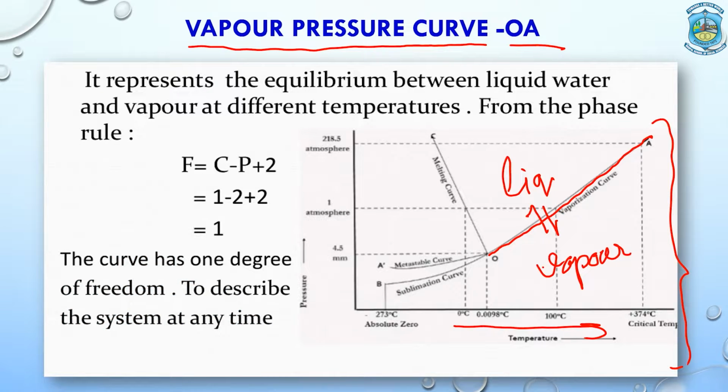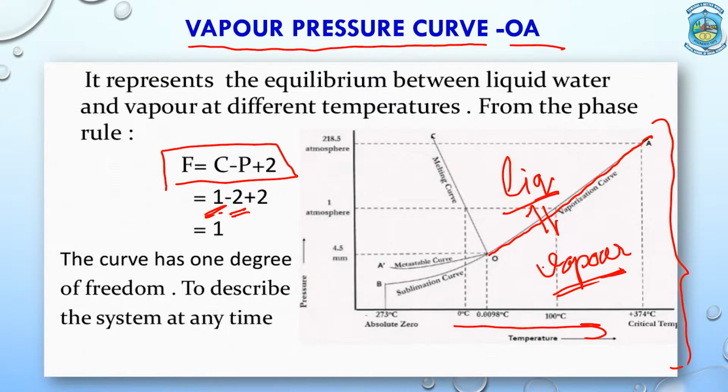On applying the phase rule, F = C - P + 2, putting C = 1 since it is a one component system, and P = 2, because when describing the curve OA we are talking about two phases in equilibrium, liquid and gaseous. That means the value of P will be 2.